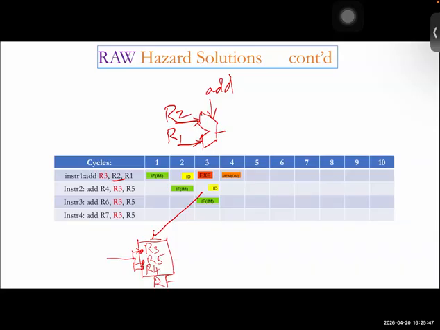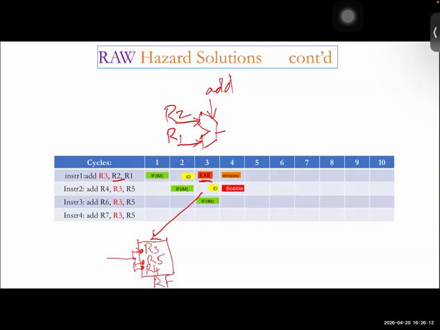But instruction 2 is supposed to enter into the execution stage, but the R3 value is not yet updated. So instruction 2 stops its execution, which we call stalling. So how to stall? By inserting a bubble in the pipe.